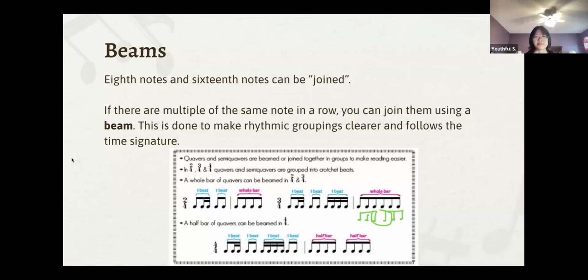What I want to point out is follow the time signature. If you were to join these 6/8 notes here like I did below, that would be technically incorrect since you're joining them with one beat here and then half a beat part of this grouping. So make sure that your groupings make sense.